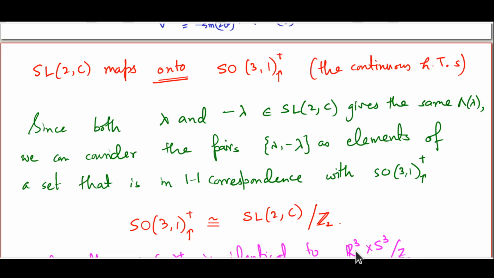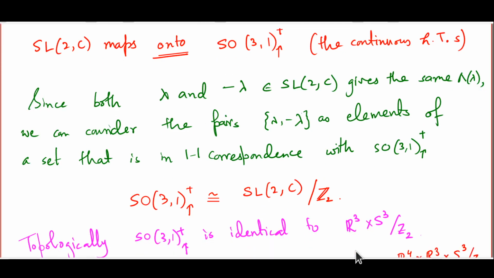Right now we are not really so much interested in the group theoretical feature of this result. We are only interested in the statement that topologically the set of all continuous Lorentz transformations is the same as the set SL2C by Z2. Not SL2C directly, but the set of all 2 by 2 unit determinant complex matrices where we identify a matrix lambda with its own negative.